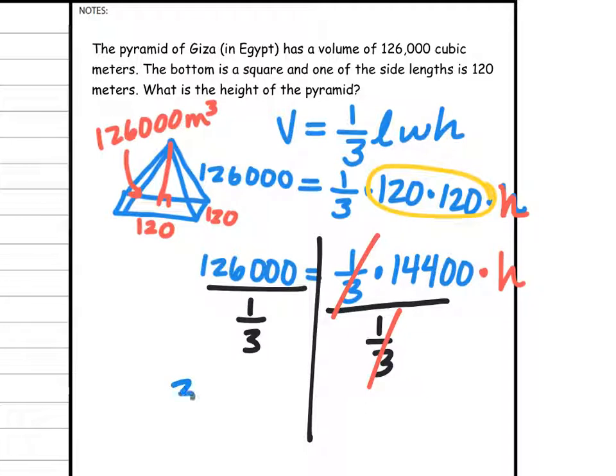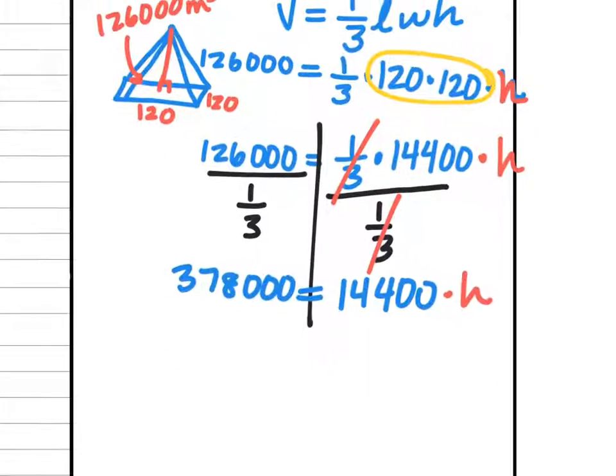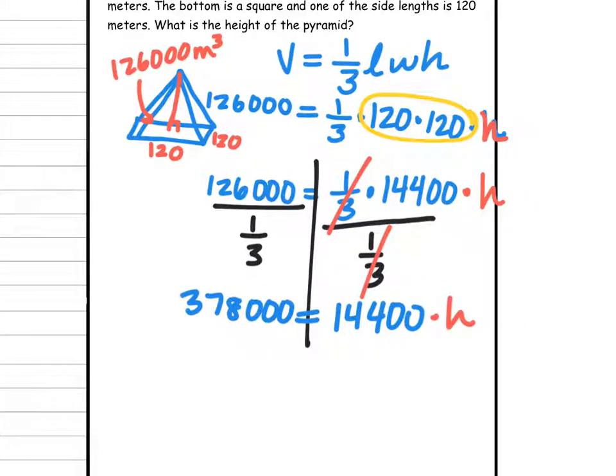You get 378,000 equals 14,400 times H. Bella, what's the last thing I got to get rid of? Do the opposite, the inverse.